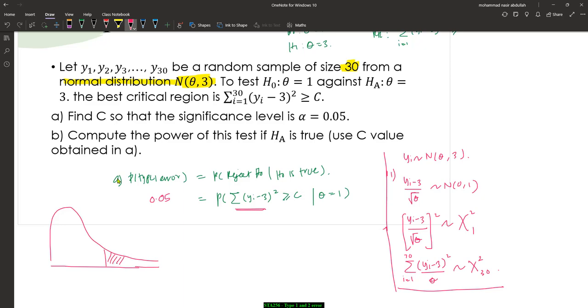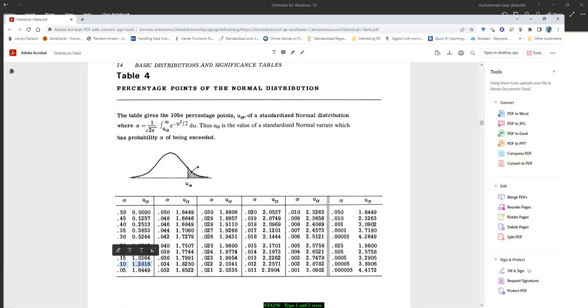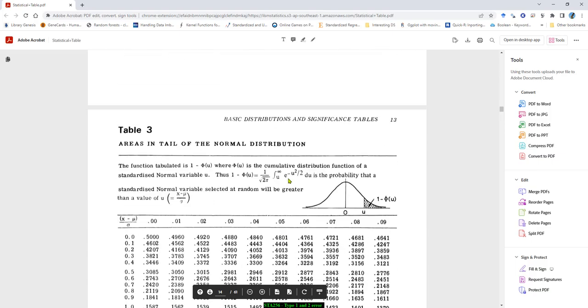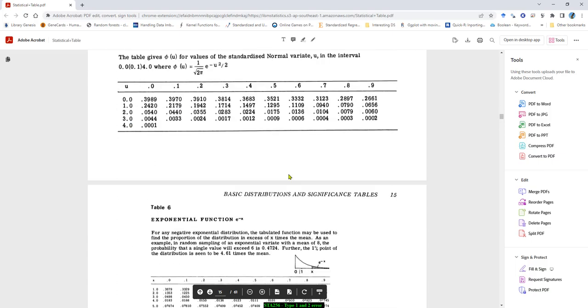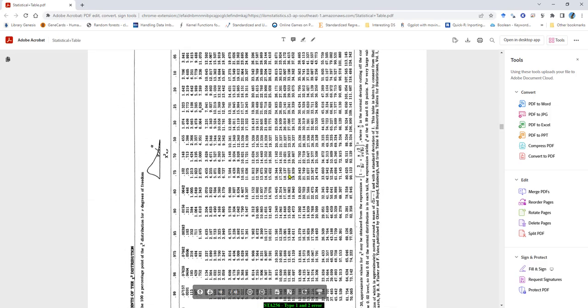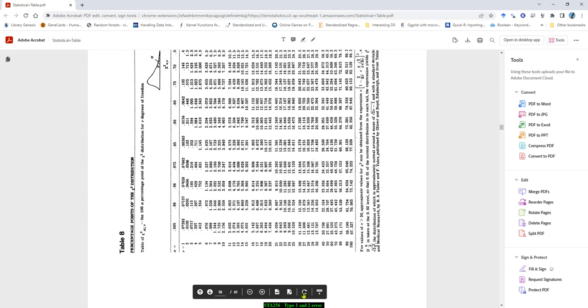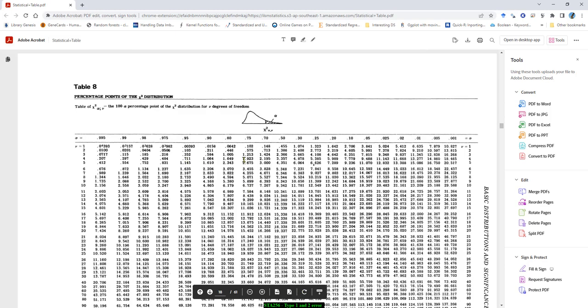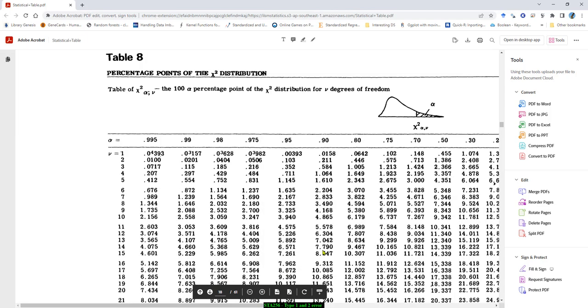This is the rejection area that we want to find, 0.05, and this is the chi-squared with 30 degrees of freedom, and alpha 0.05, which is what? We look in the statistical table, for more than 30, chi-squared is table number 8. 0.05 here, we take the one on that side. 30, we take 30, which is 43.773.